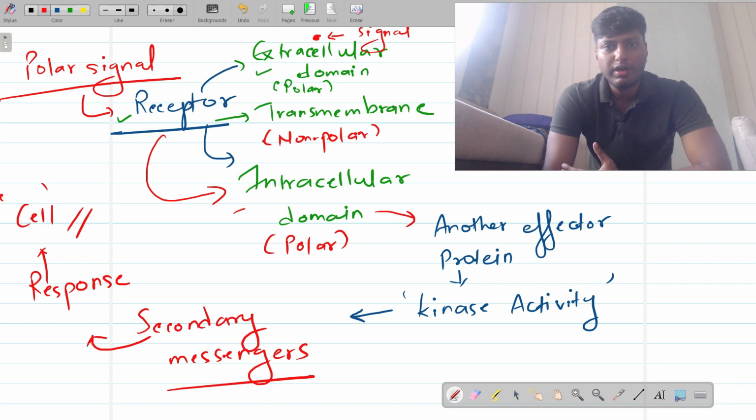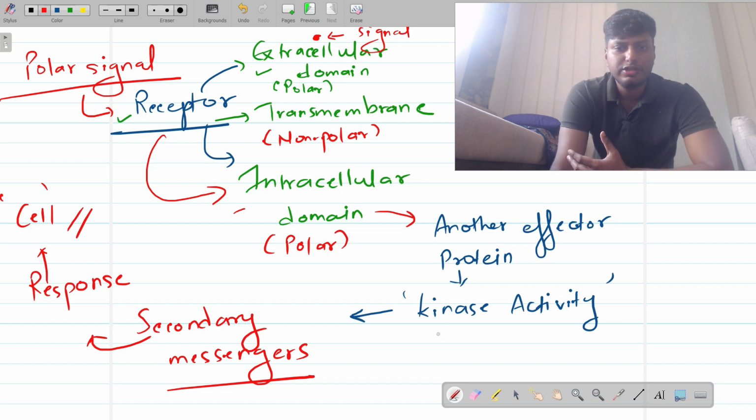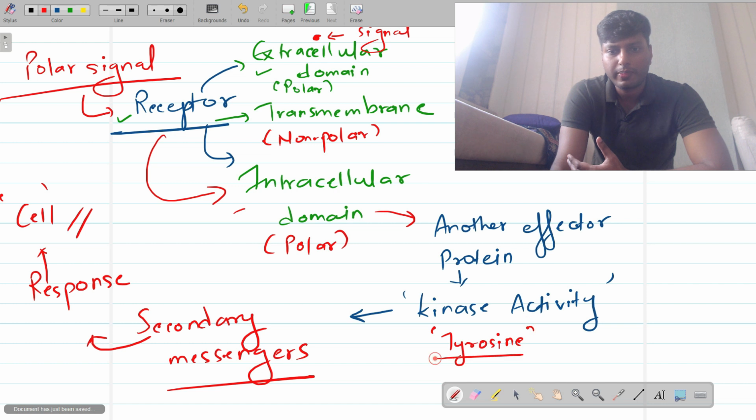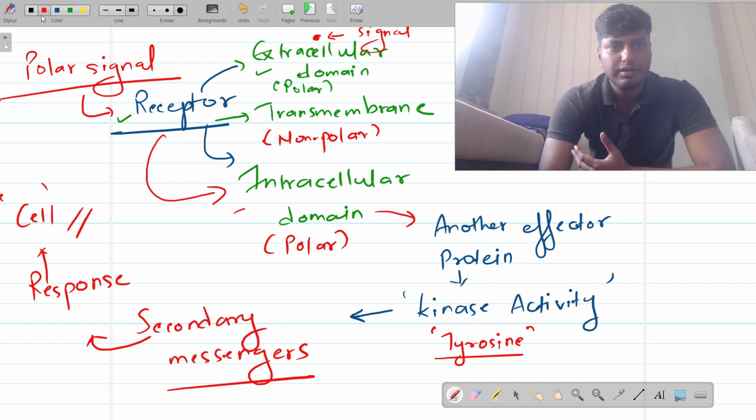Now let me give you an example. This kinase activity is most often consisting of the amino acid tyrosine. At the same time, once the tyrosine kinase is getting activated, this gets activated with the help of certain reactions which are nothing but phosphorylation reactions.